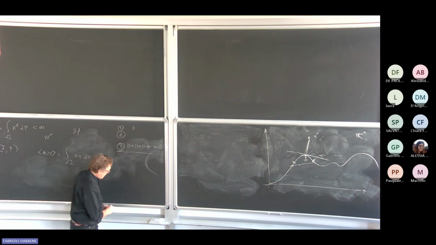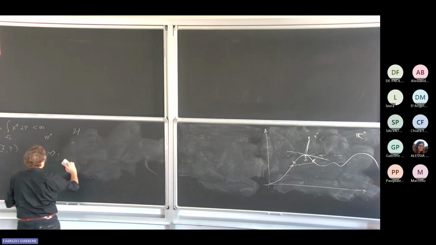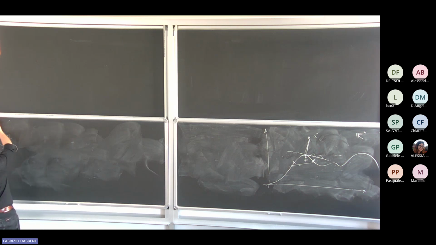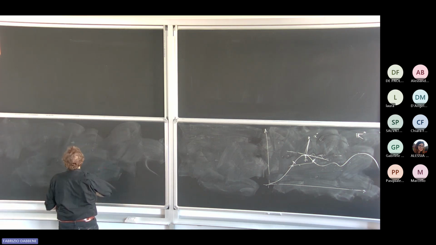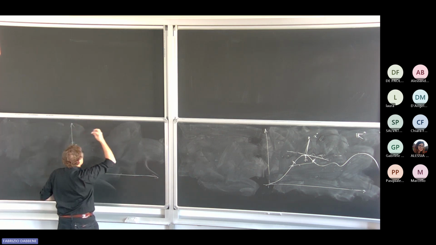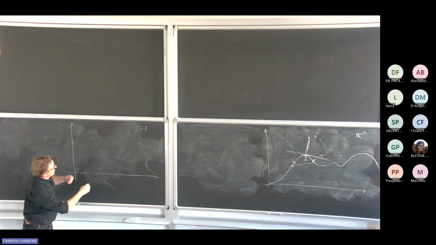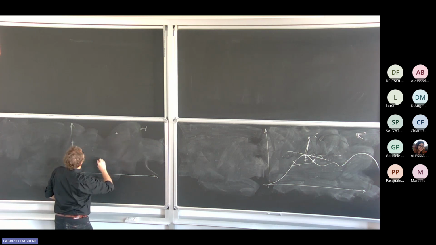So now we can talk about making a model, because now we have the ingredients. We have a space, this is H. And in H, I have some random variable.